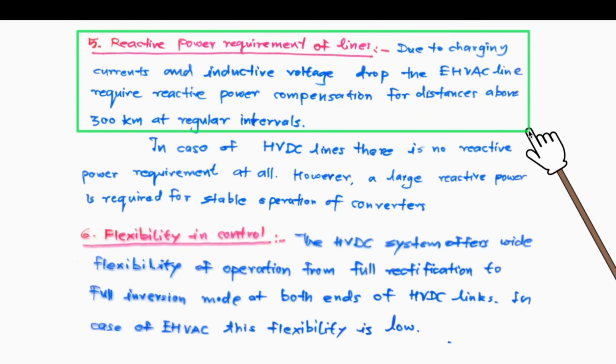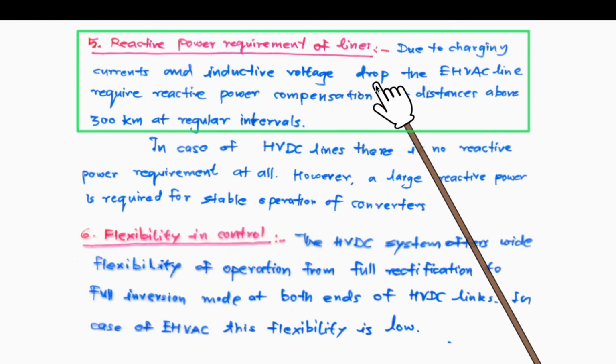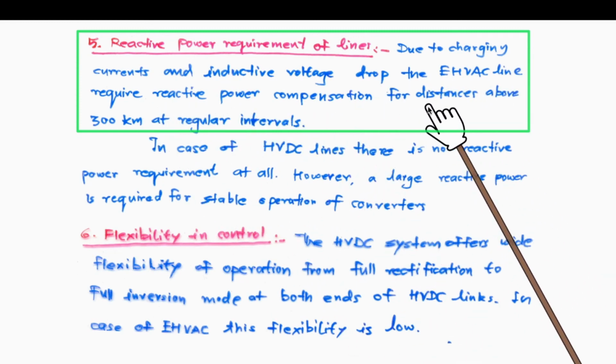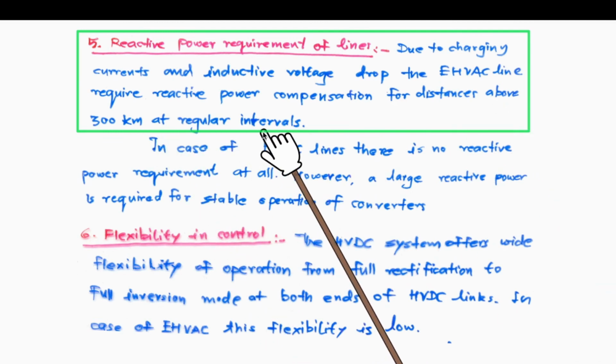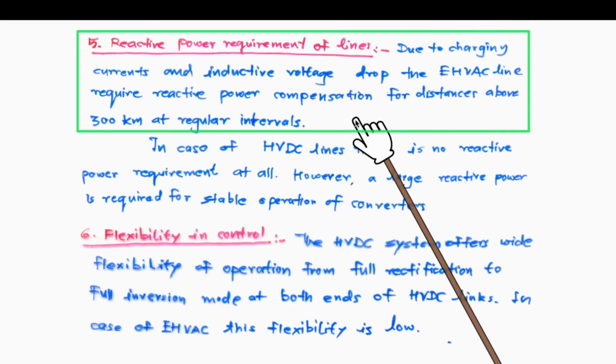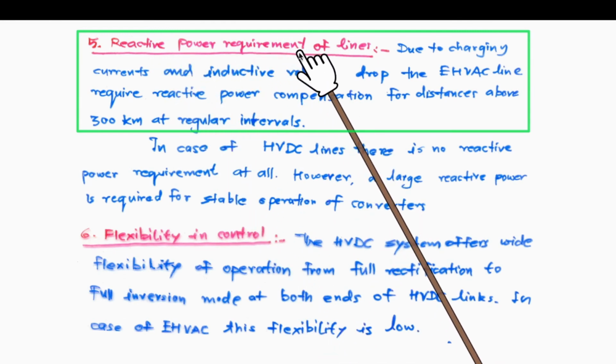In case of an EHVAC power transmission circuit, due to the charging current and the inductive voltage drop, the EHVAC line requires reactive power compensation for distances above 300 km at regular intervals. Earlier also we have mentioned this, in terms of maintaining the voltage profile, and similarly the power handling capacity is not only affected but also influenced by the presence of reactive power requirement on the line.